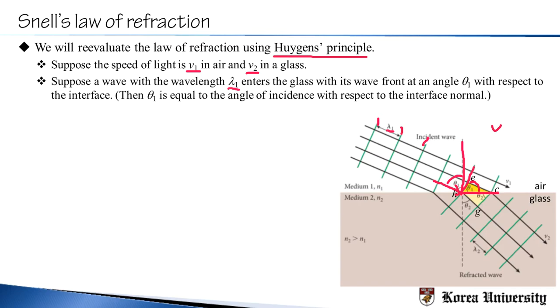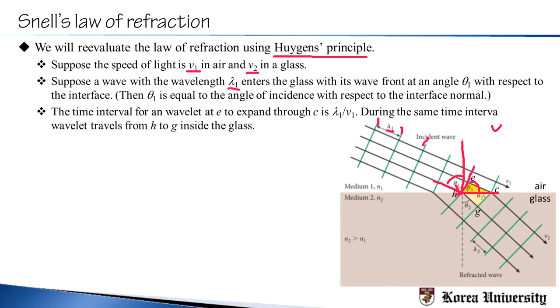The next thing we have to think about is that during this time period, this wavefront travels this much in the air. How long does it take? It is traveling the distance of lambda 1 at the speed of v1, so the time taken is lambda 1 divided by v1. But at the same time, this part of the wavefront is already touching the glass, so it has to go into the glass.